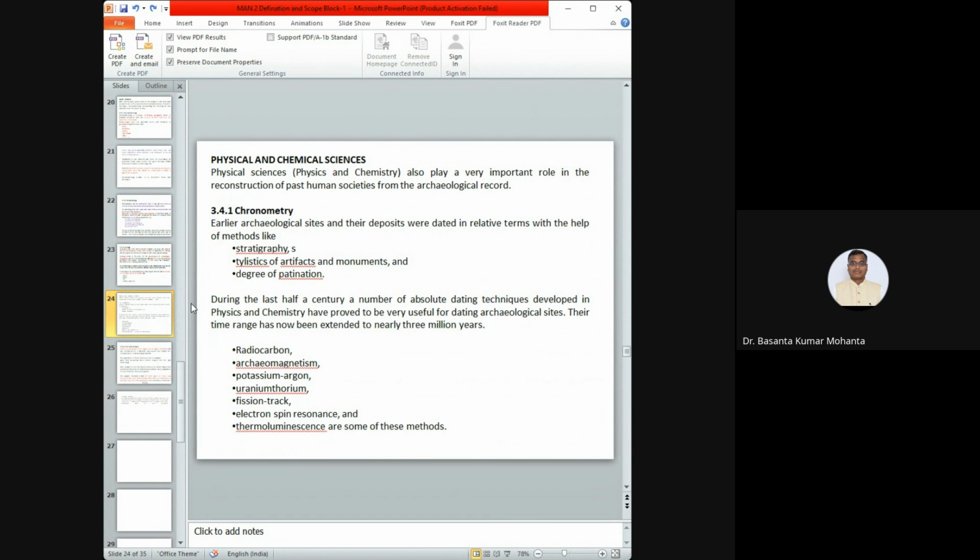All these dating techniques are part of the chemical and physical sciences, and they help us to know the chemical reactions and physical properties, and those reactions and properties help us to know their time period, their chronology, etc.